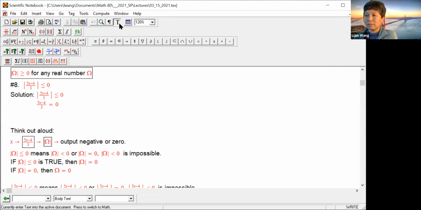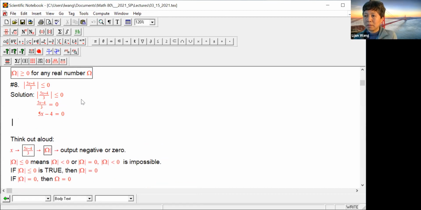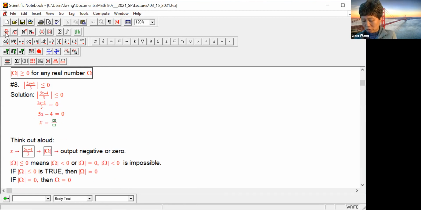And next, I no longer have absolute value, so I multiply both sides by 3. Right? And in the end, my x equals 4/5. And I'm done.